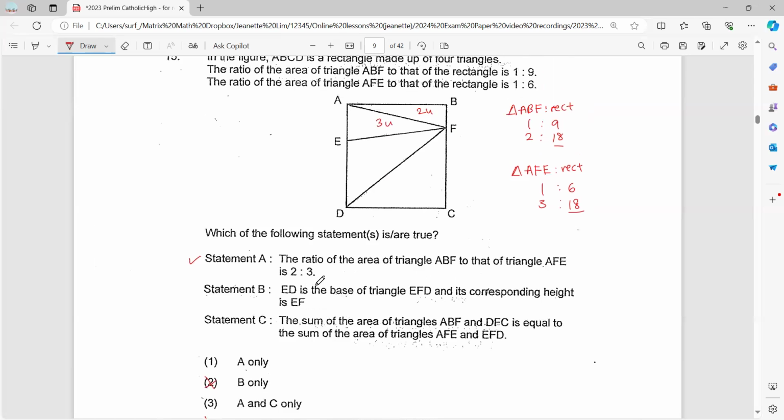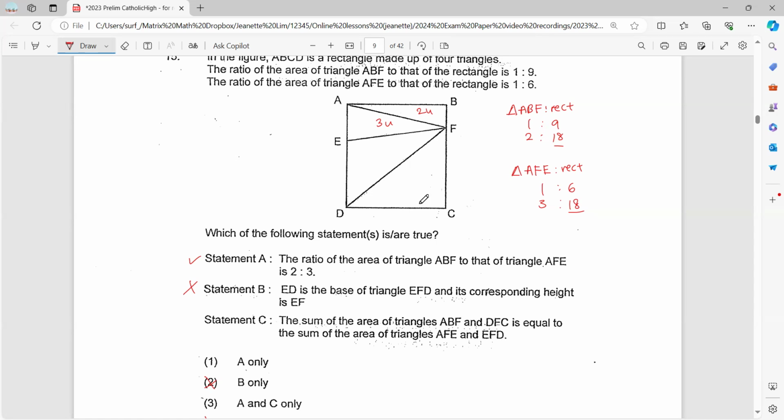Then we know for sure B is false. But let's check anyway. ED is the base of a triangle EFD and its corresponding height is EF. No, not true, because ED and EF they are not perpendicular. So no. And statement C, the sum of the area of triangles ABF. Okay, wait. ABF, this triangle, and DFC.